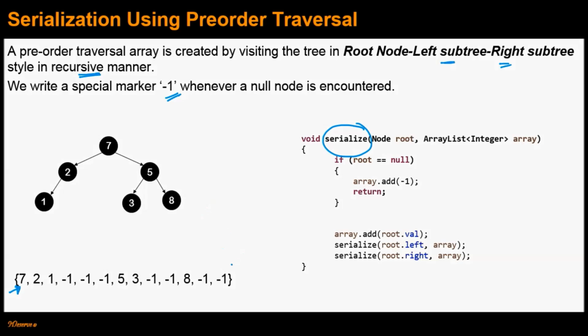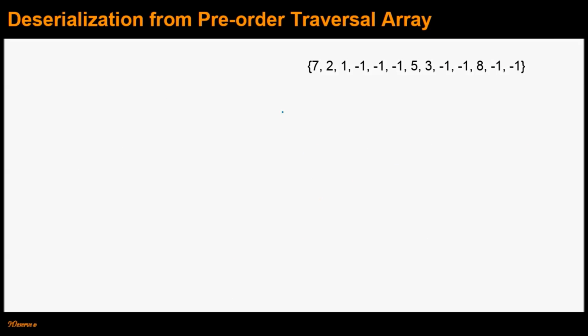Let's see how we can recover the original binary tree when we are given this particular array, the serialized form of the binary tree, as input. So the input in case of deserialization is going to be a file or an array which represents a binary tree.